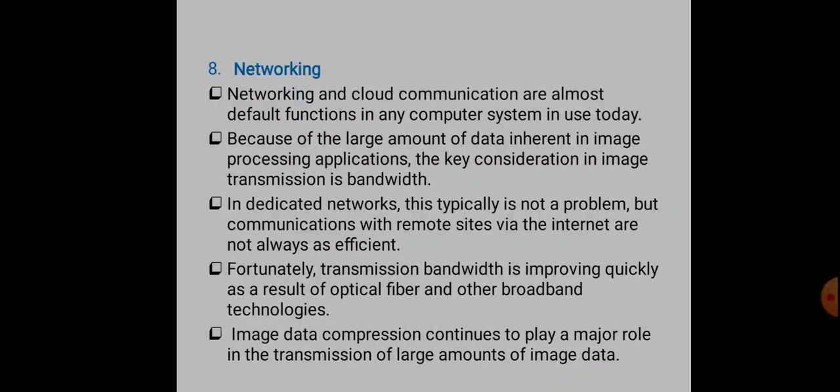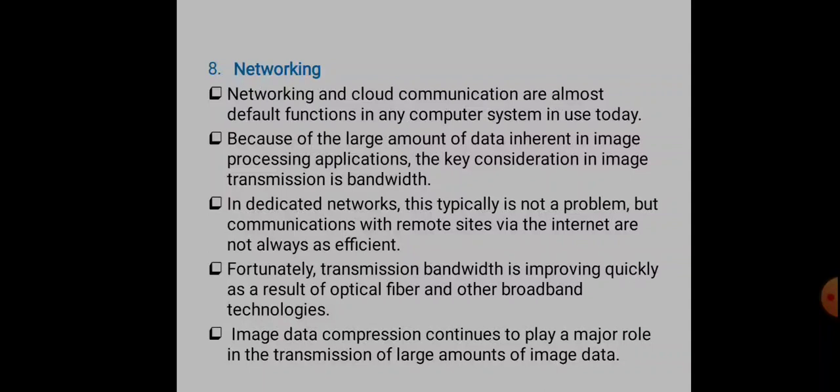Fortunately, transmission bandwidth is improving quickly as a result of optical fiber and other broadband technologies. Optical fiber is an important part of transmitting data, because it can transmit data over longer distances.